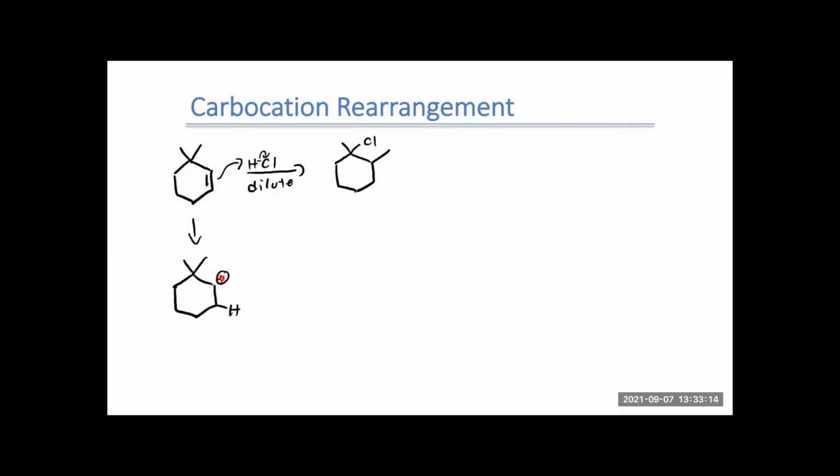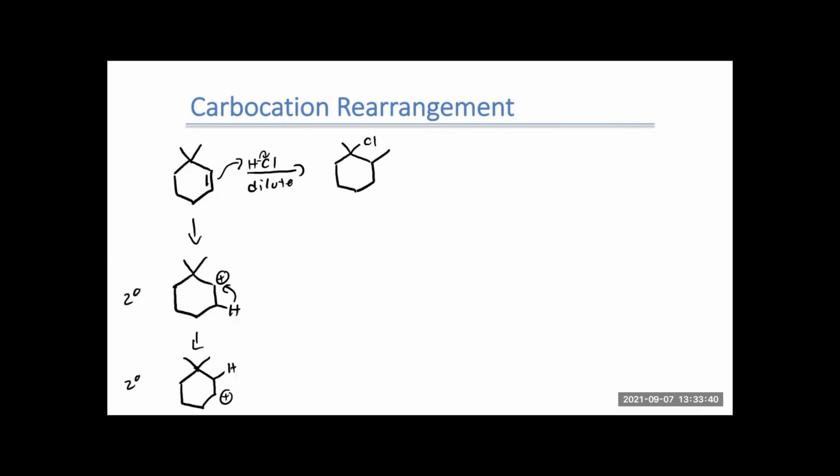So the carbocation here, I have a hydrogen down here. So if we do a hydride shift, that doesn't really accomplish our goals because we go from a secondary to another secondary carbocation.